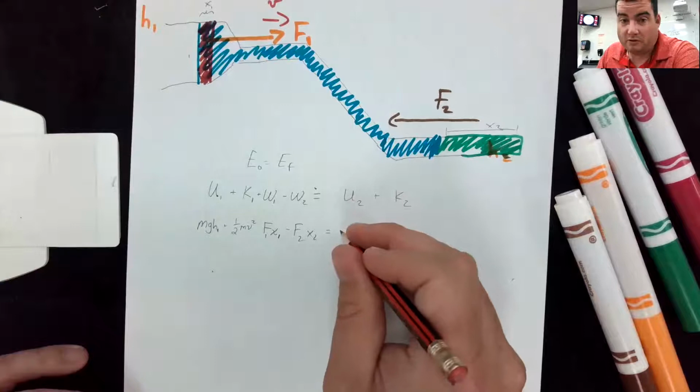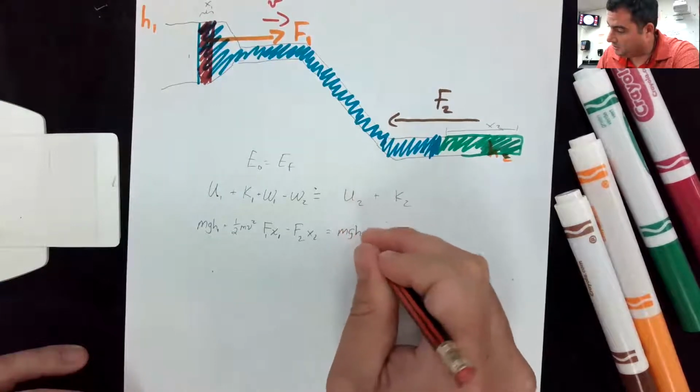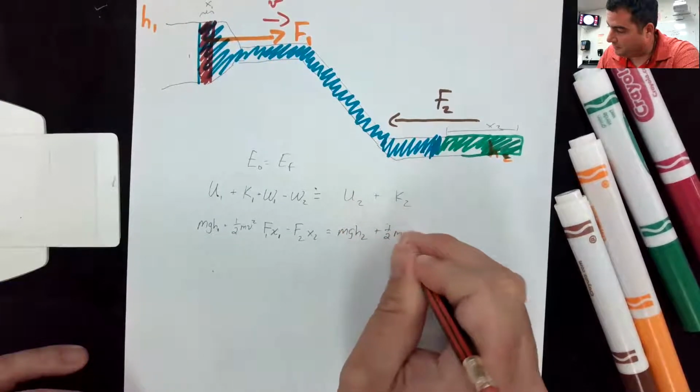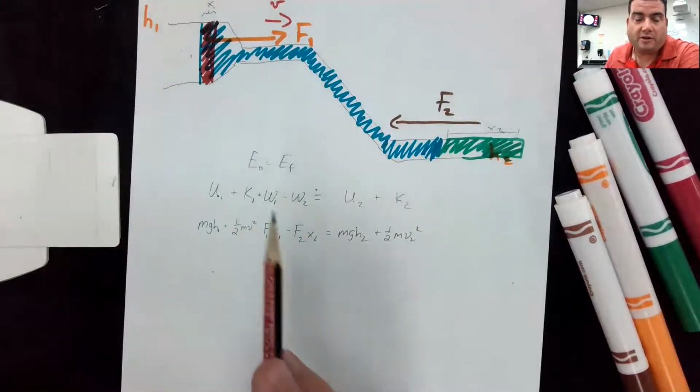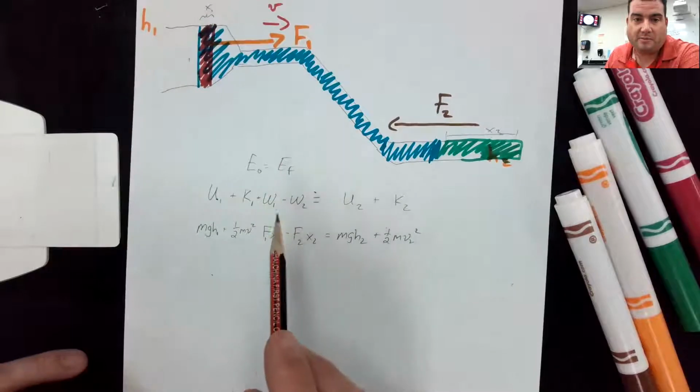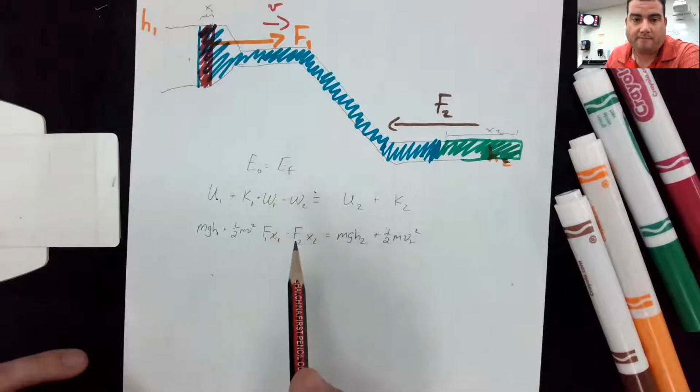That's going to be equal to mgh2 plus one half m v2 squared. Already our equation has gotten pretty complex, but hopefully you can see how this became that and that became that.